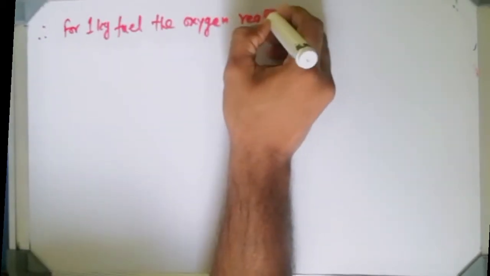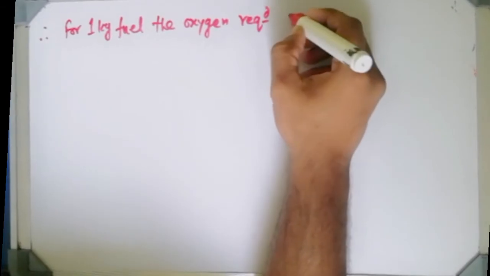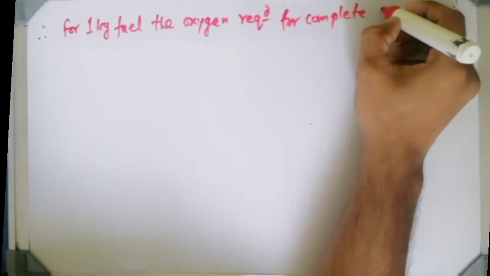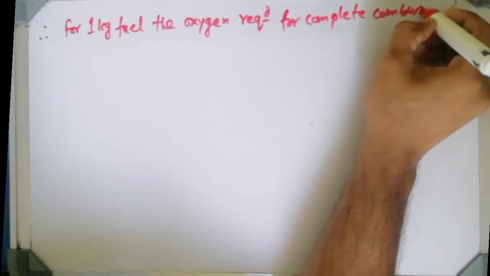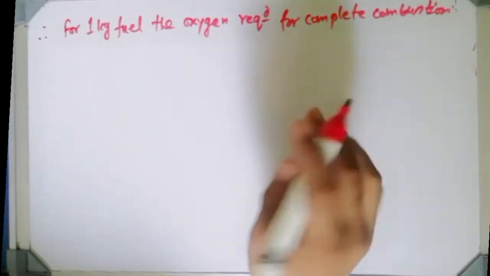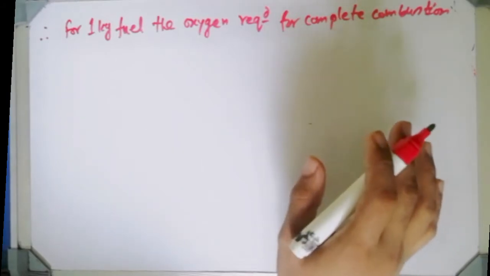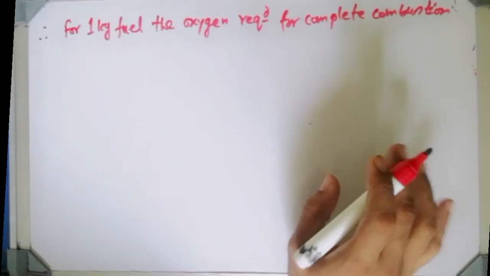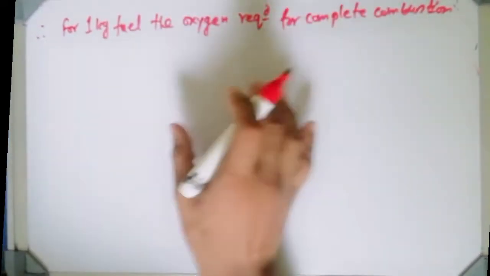We haven't considered any incomplete combustion yet, that's why we haven't noted down carbon monoxide. So if you want to count, for 1 kg of fuel, what is the amount of oxygen required for 1 kg of fuel burning? Just mind it, we are counting for 1 kg of fuel.